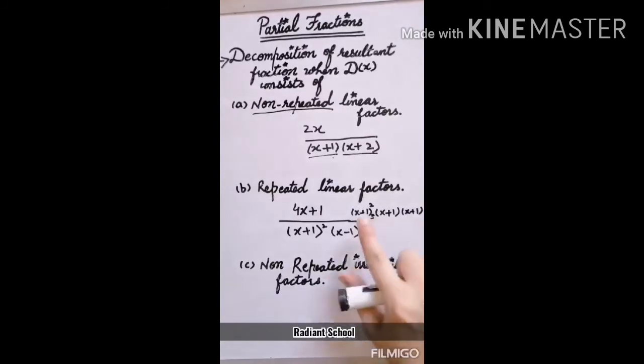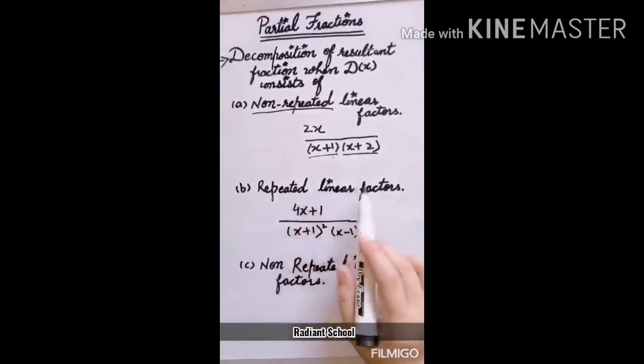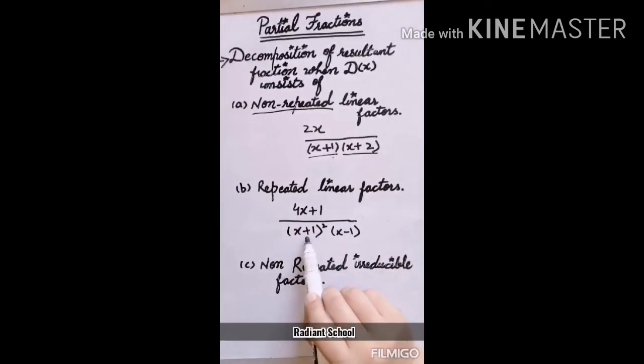So they have said that if repeated linear factors are there in the denominator, one linear factor is repeating inside the bracket. You can see this is a linear factor because x has the power 1. This is also a linear factor, but at least any one of the linear factors must be repeating.